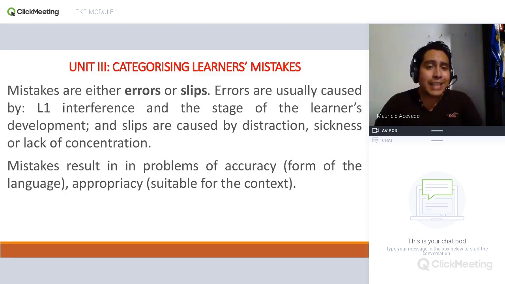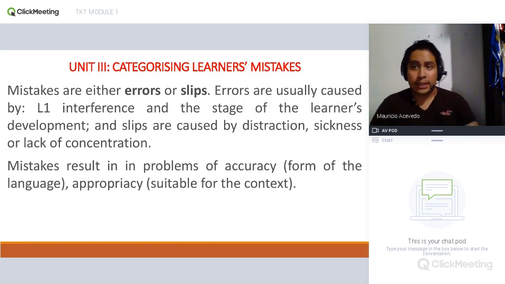Mistakes result in problems of accuracy, form of the language, or also appropriacy, suitable for the context. What is this? They can have grammatical errors, for example, they say "I am love you" instead of "I love you." That's a mistake. They confuse.